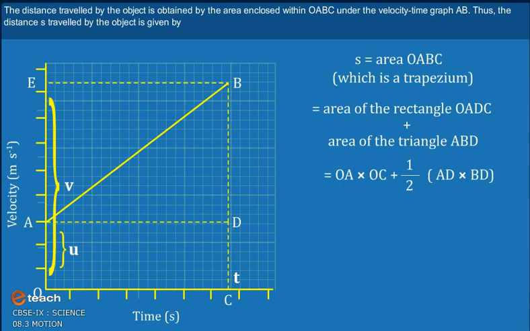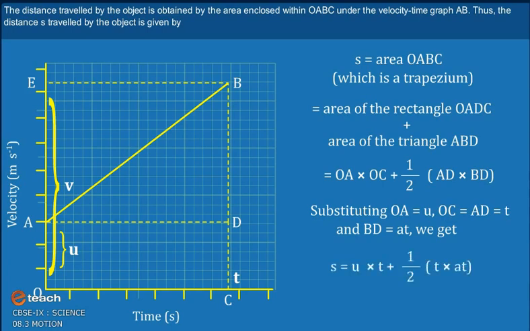Substituting OA = u, OC = AD = t, and BD = at, we get s = u × t + ½ × t × at, or s = ut + ½at².